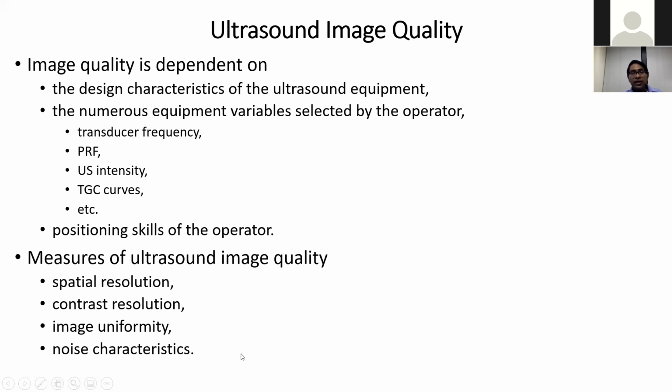And these quality parameters are dependent upon the transducer frequency that we use, the pulse repetition frequency, the amount of energy that's being transmitted into the medium, what TGC or time gain compensation curve is used, and the skill of the operator. So it's very much dependent on how all these parameters are set that the image quality of ultrasound is determined. Compared to other modalities, ultrasound is very dependent upon user skill, as all these parameters can be tuned for a particular application.